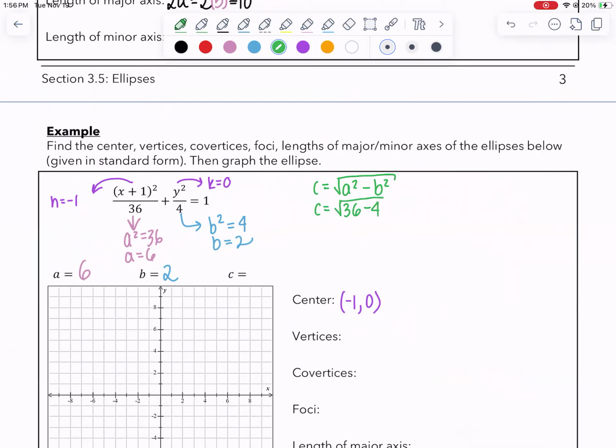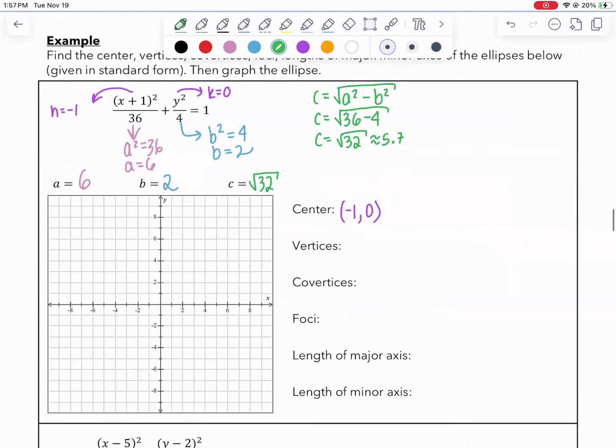So c is equal to the square root of 32, which is approximately 5.7-ish. Since we're going to plot it this time, 5.7-ish.